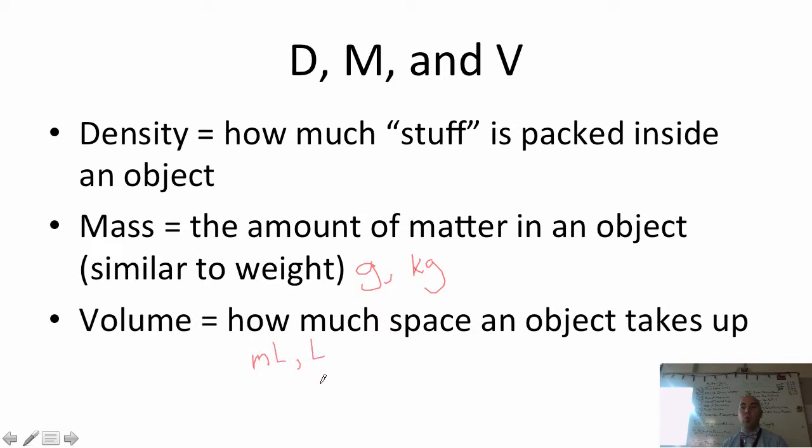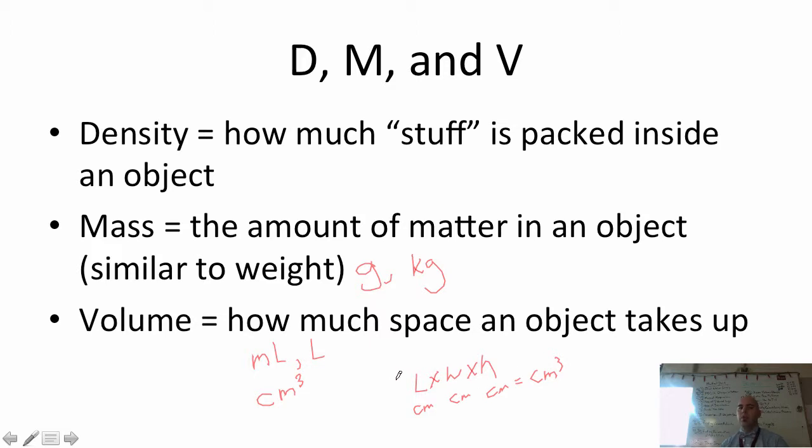If it's for solids, then we use cubic centimeters, which is written as cm to the third power. Because remember when we were doing the volume of a box and the volume of a cylinder, for a box it's length times width times height. Well, if I measure all of those in centimeters, it's centimeters times centimeters times centimeters, which equals centimeters cubed.